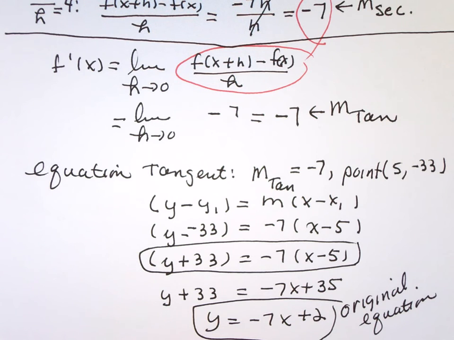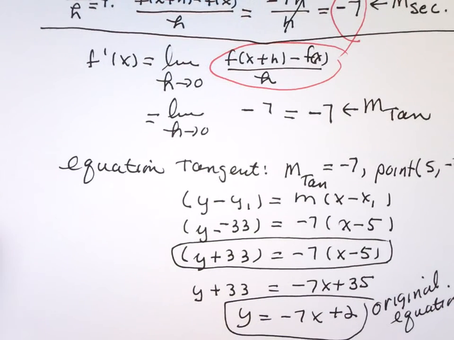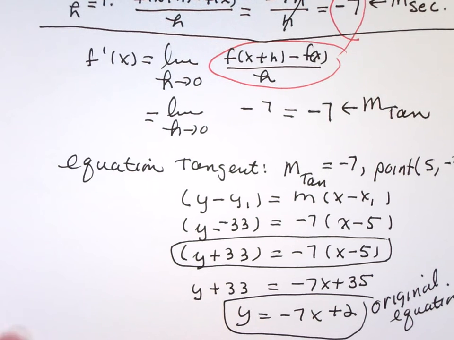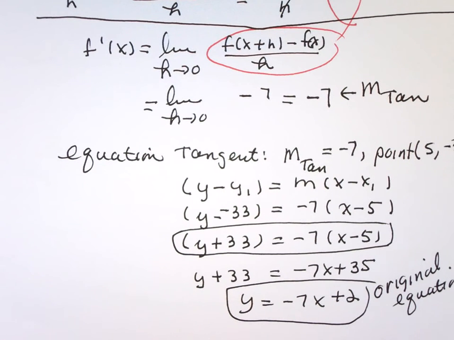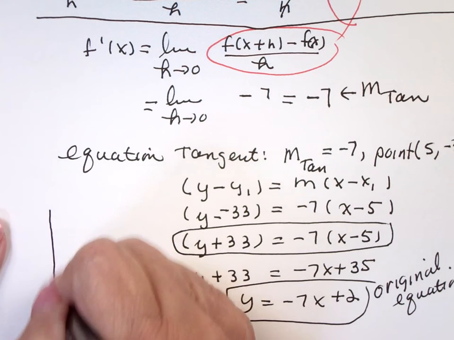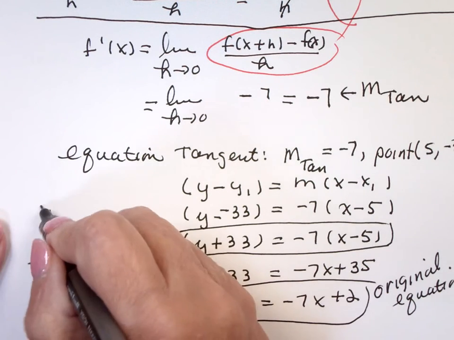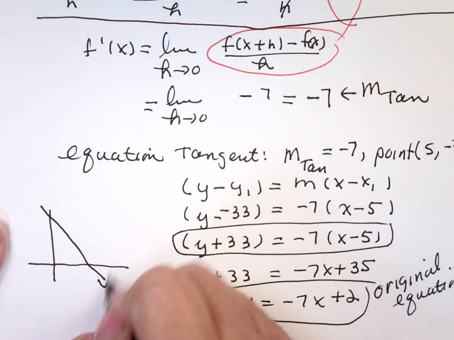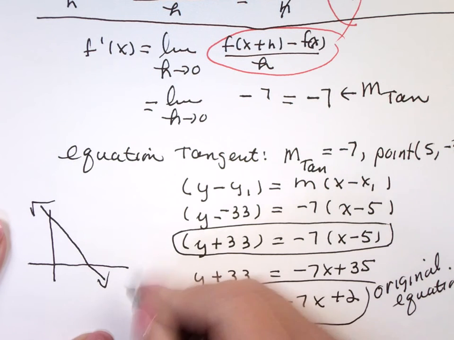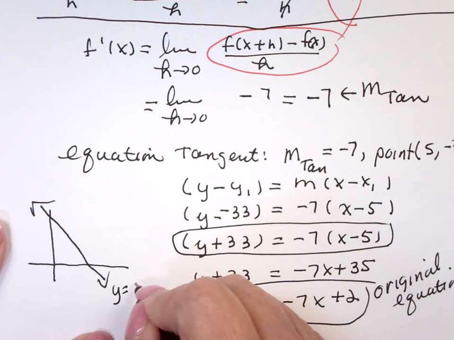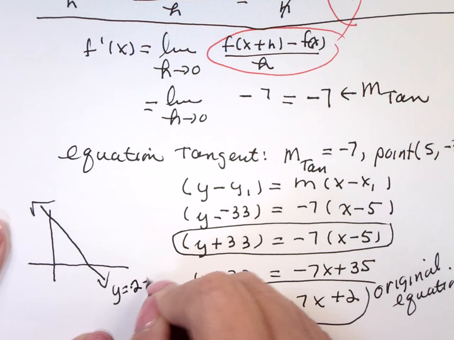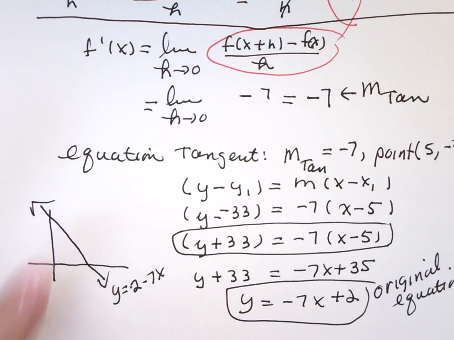Why would that be? Why would the equation of the tangent be the same as the equation of the original equation?